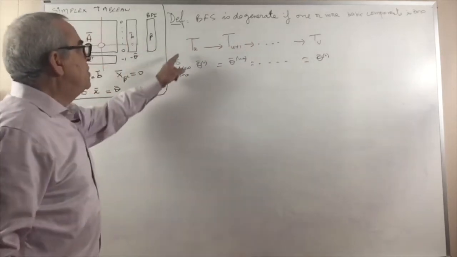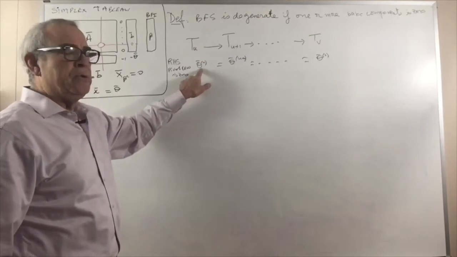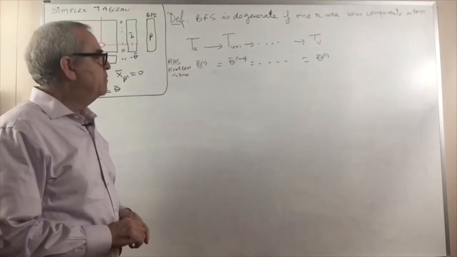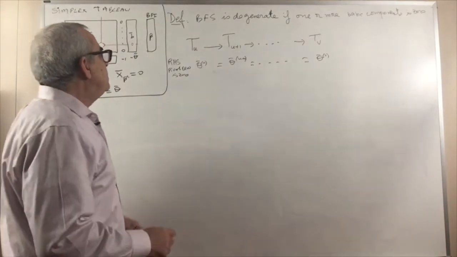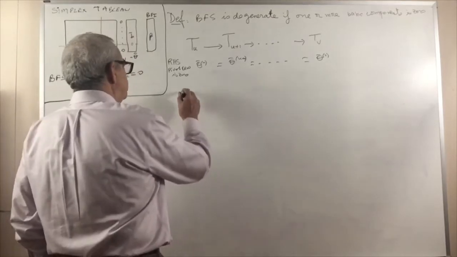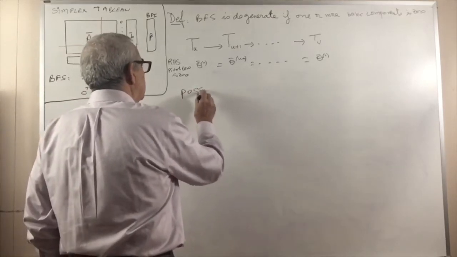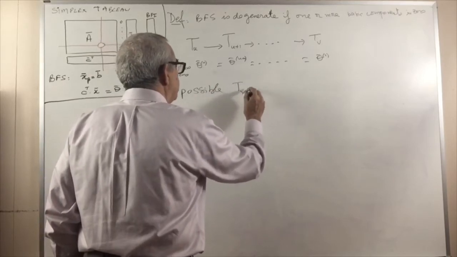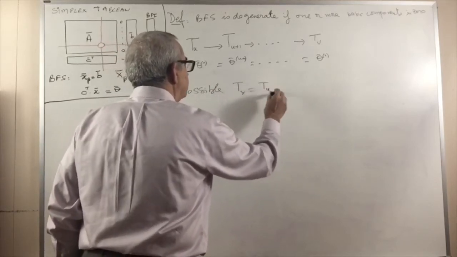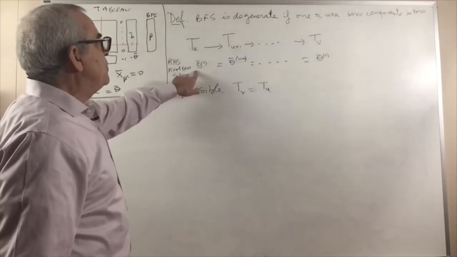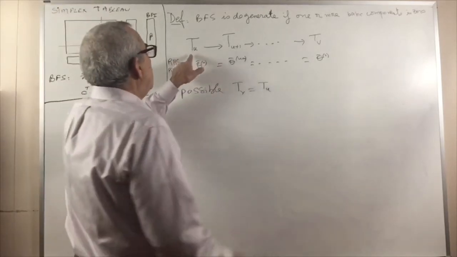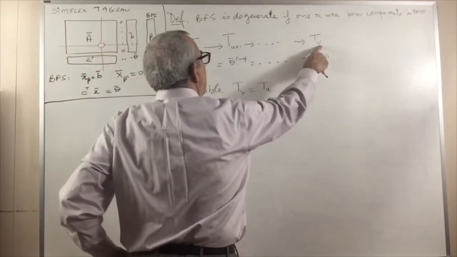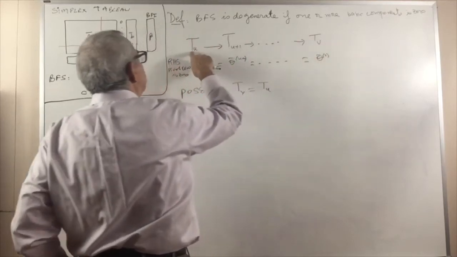Okay. In other words, in all these iterations, I wasn't able to reduce the objective function. Then it's possible that T_v is equal to T_u. Because we weren't able to reduce the objective function, when I arrived here, it so happened that this simplex tableau is exactly this simplex tableau.